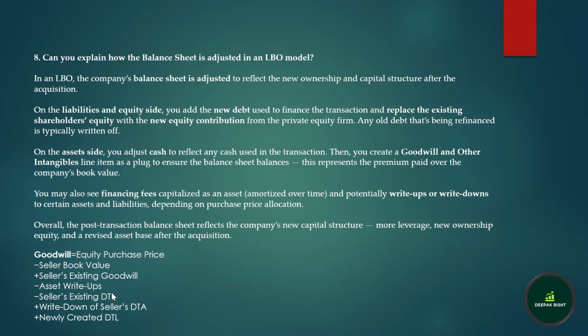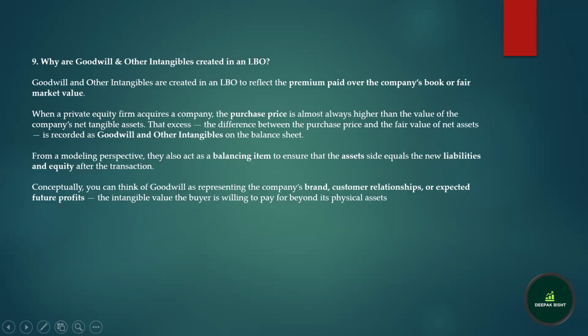Then there was no previous DTL, so that was a zero adjustment. I hope this is clear. Though it's tricky, and it is supposed to be tricky, leveraged buyouts are very tricky. But don't worry, once we do an Excel on the leveraged buyout, it will be much clearer. Just remember the formula for goodwill calculation.